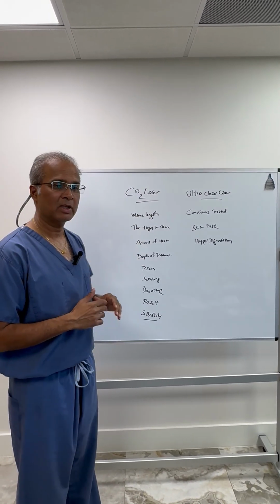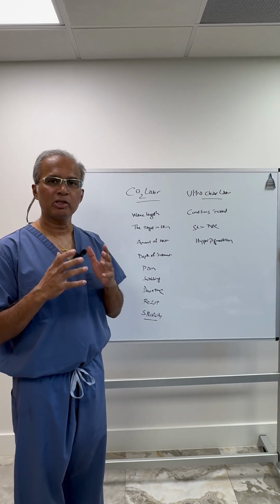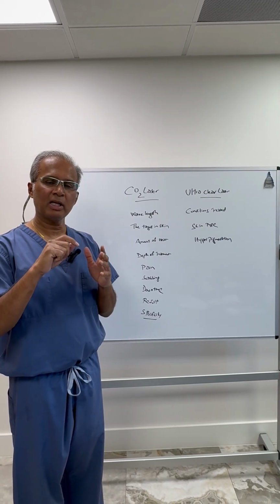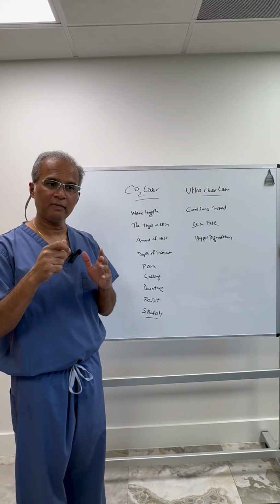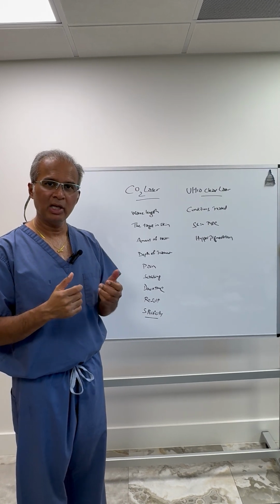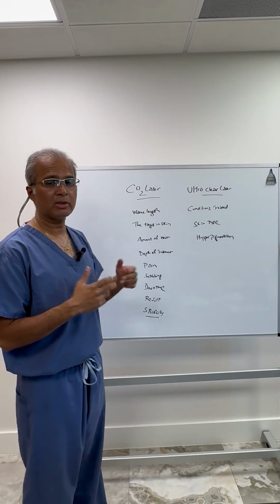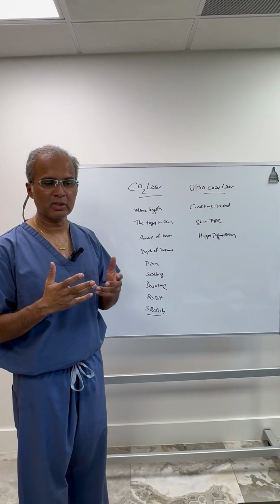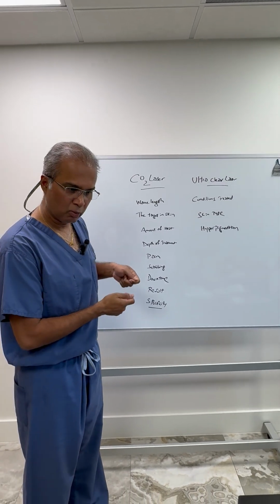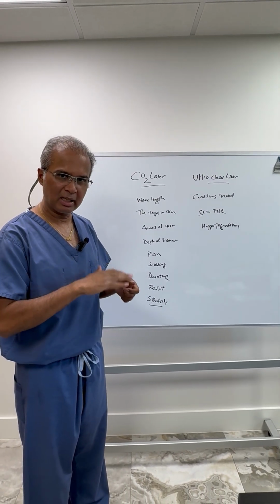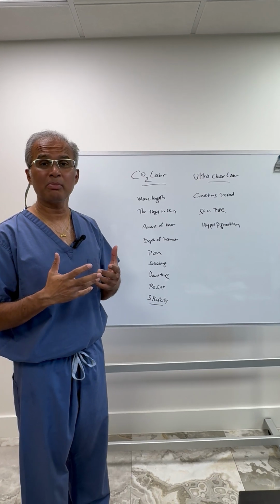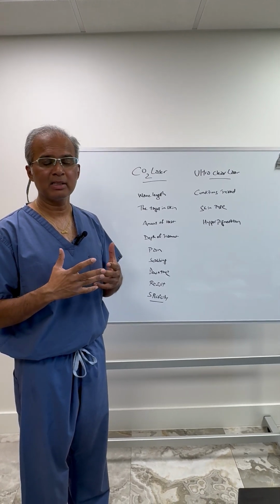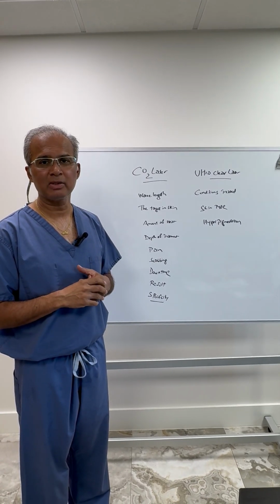The amount of heat. Because it's very specific, and since the UltraClear laser has the ability to turn on and off the amount of heat input into the skin, you're able to turn it off. CO2, not so much. CO2 is almost like taking a pressure washer and washing the surface off directly, layer by layer by layer. And it only does so with maximal heat deposit because it's a very non-specific type of laser for the skin.